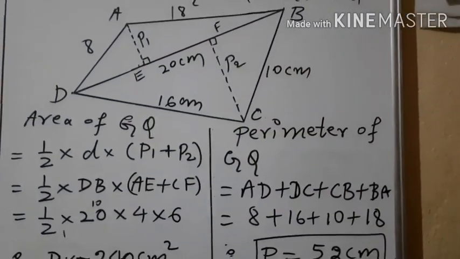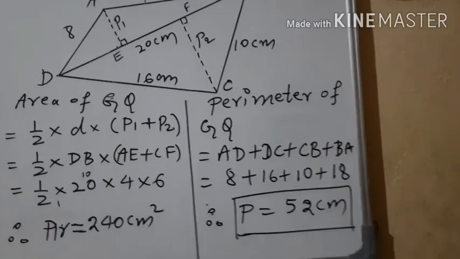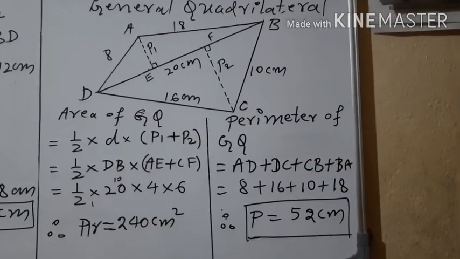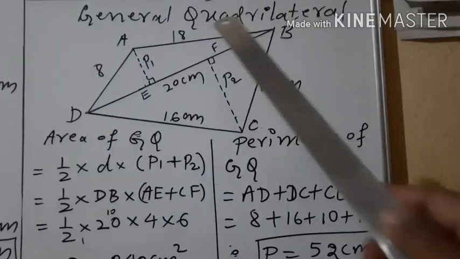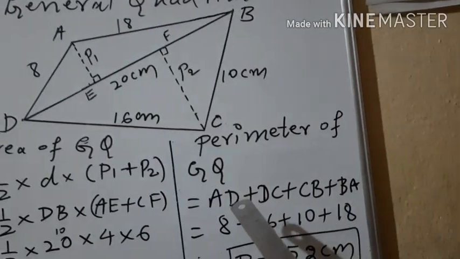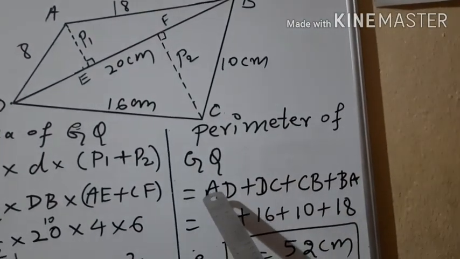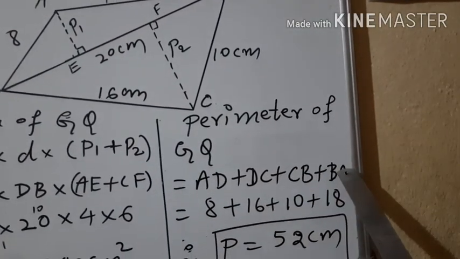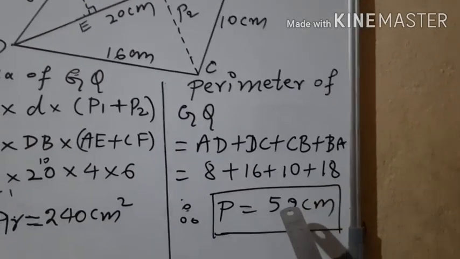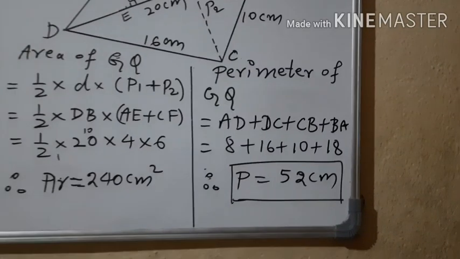What is its perimeter? Perimeter means the sum of all the four sides of this general quadrilateral. Therefore, AD plus DC plus CB plus BA, that is 8 plus 16 plus 10 plus 18 centimeter. Altogether it is 52 centimeter.